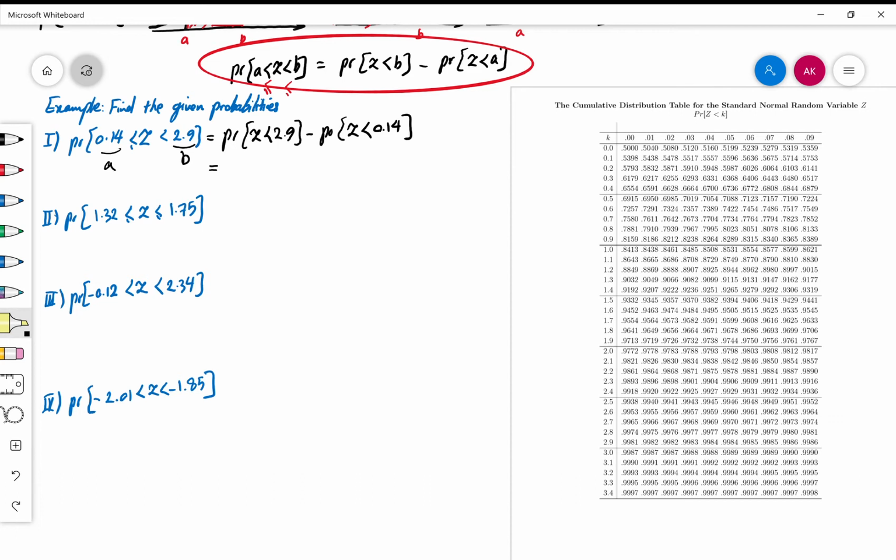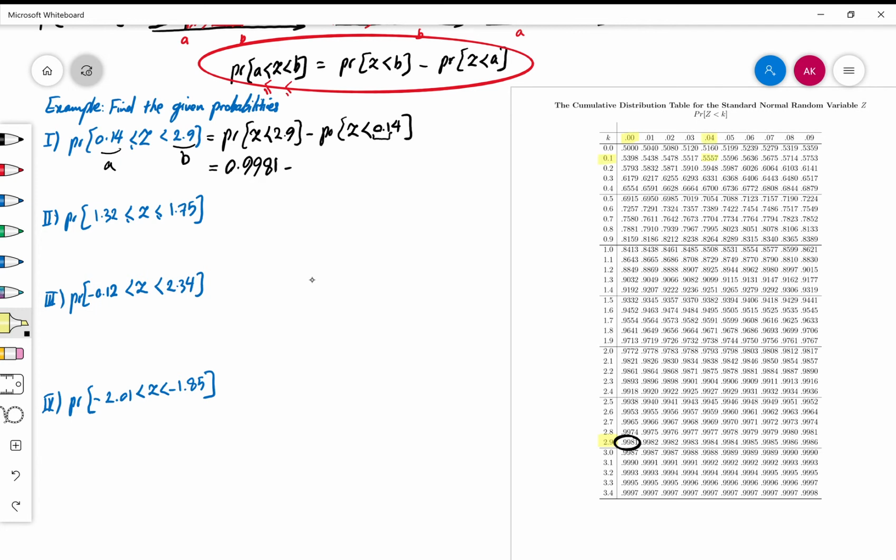So Z less than 2.9, 2.9 is here, but it means that the second decimal is 0, so let me just do it here. This is easy, I don't need to draw those lines. So this will give me 0.9981 minus Z less than 0.14, so it will be 0.1 is here, and then 0.04 is there.